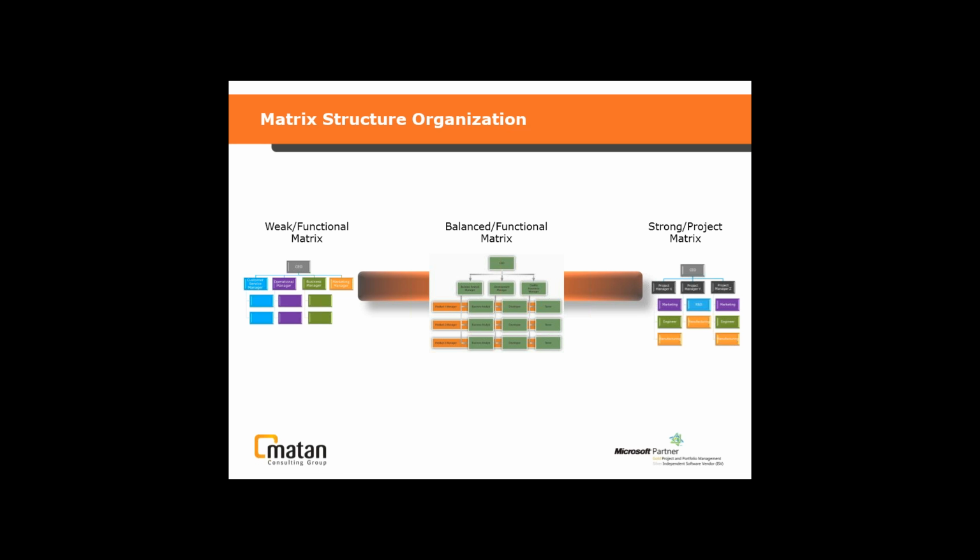The weak matrix organization is where the functional area managers are stronger and have more control over what the team members are actually doing within the organization. In the strong matrix example, the project managers are in charge of the team members, and they tell them exactly what needs to be done, what the sequence is, what the priority of the tasks are, and so on.